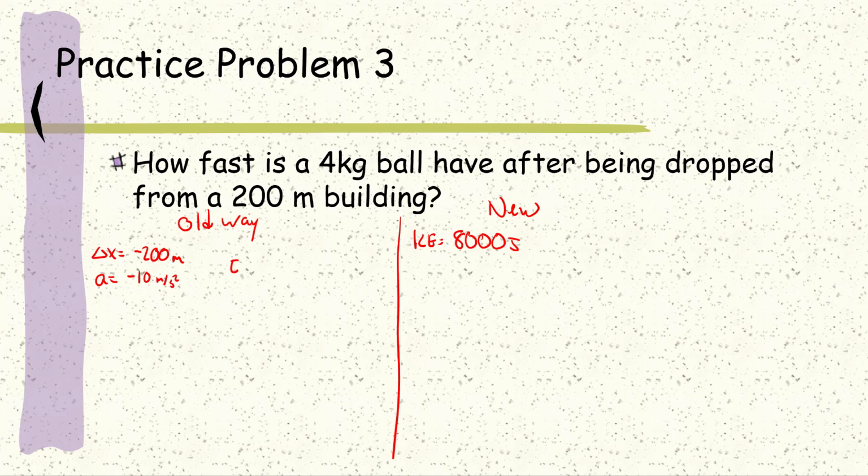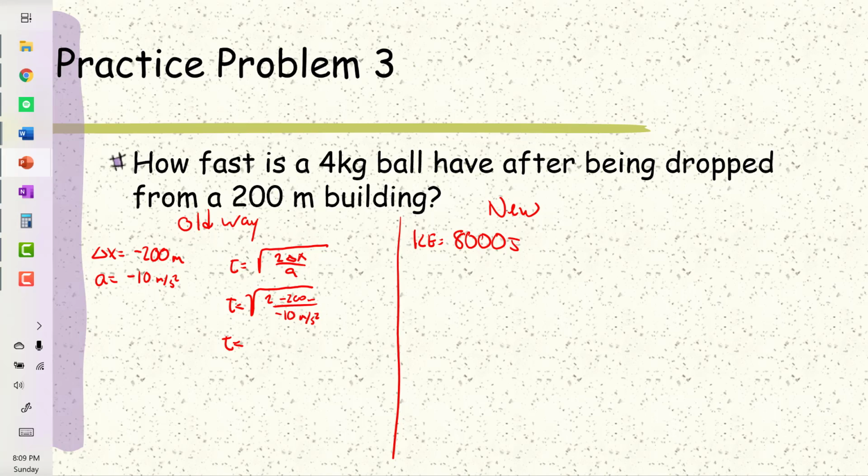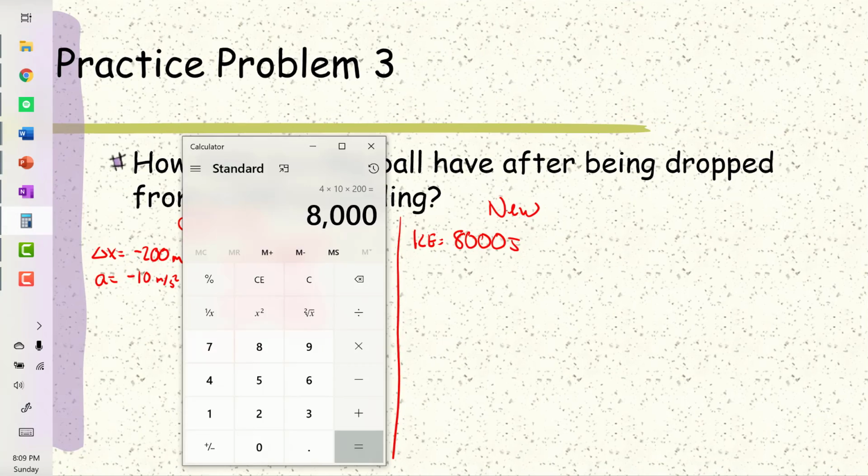And a few things. We know that the time it's going to take is the square root of 2 times displacement over a. So we know it's going to fall for a certain amount of time, which we need first. So 2 times the negative 200 meters over the negative 10 meters per second squared gets me, let's see here, the calculator.